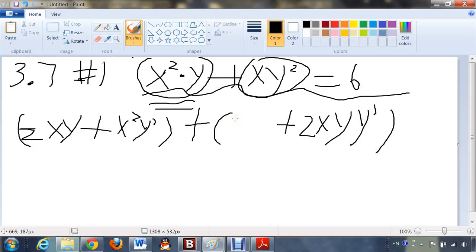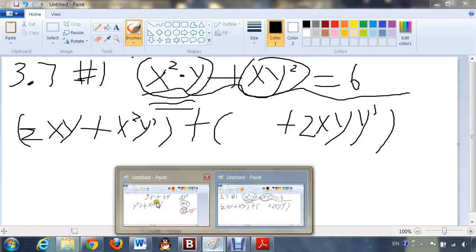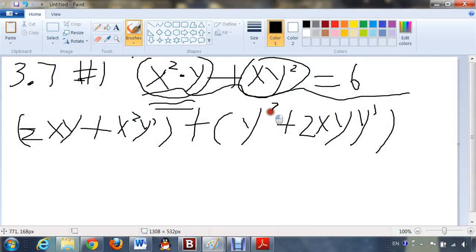Was that y or just 2y, can't remember. Y squared. Okay, y squared. So now we have done taking the derivative of the left side of the equation. It's all here. Now we just have to take the derivative of the right side of the equation, and the derivative of any constant is just 0, right?